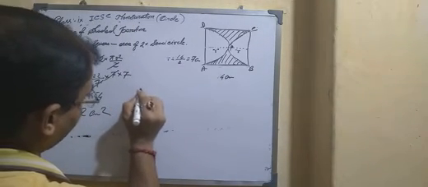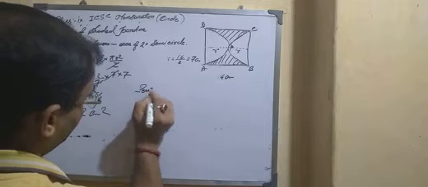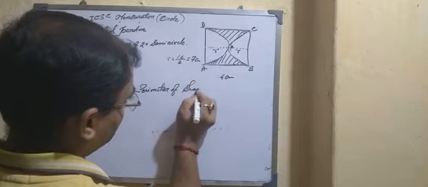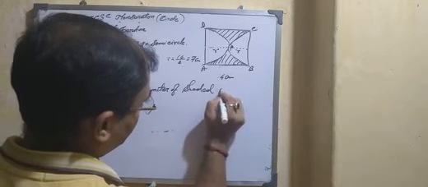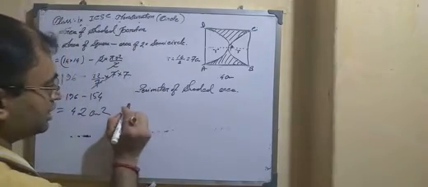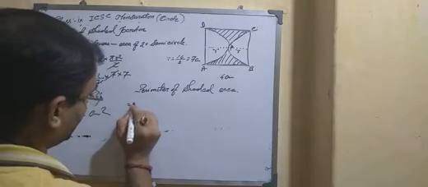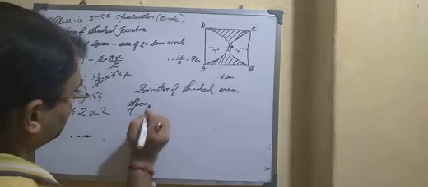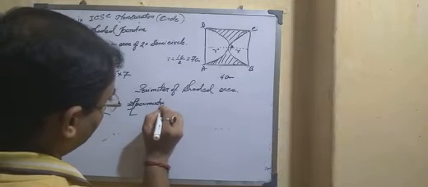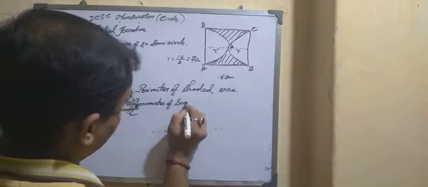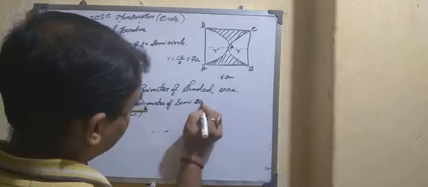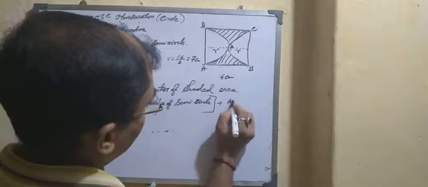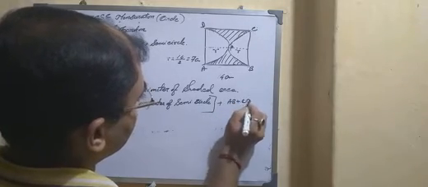Therefore perimeter of shaded area equal to two into perimeter of semicircle plus AB plus CD.